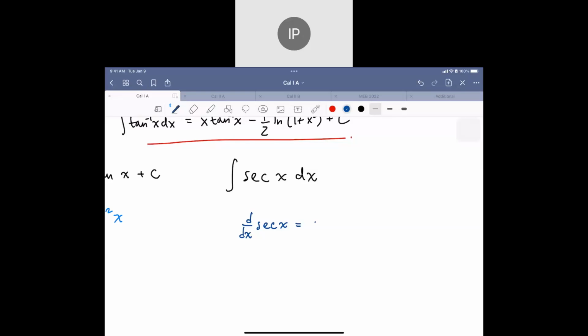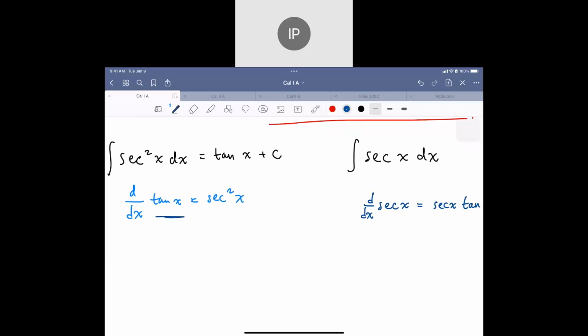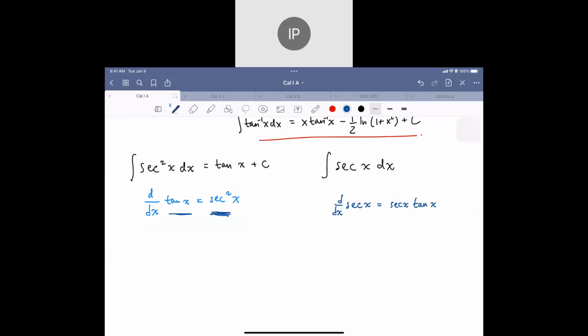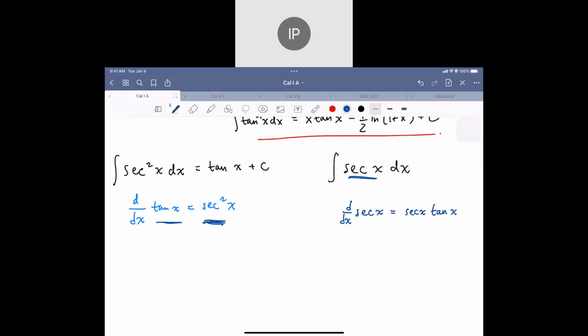We differentiate this, and it results in sec x tan x, right? And secondly, because we know the derivative of tangent becomes secant squared, if we can make the secant into either secant squared or sec x tan x, then perhaps we can do something with the secant x.